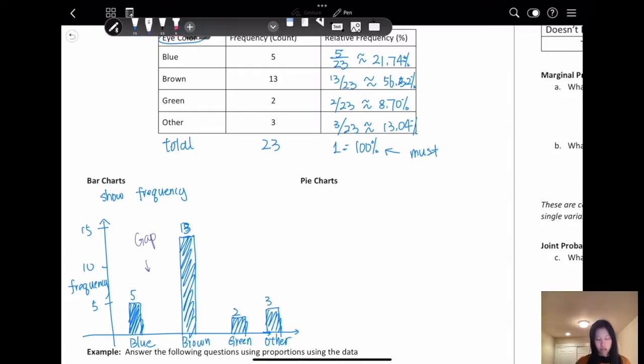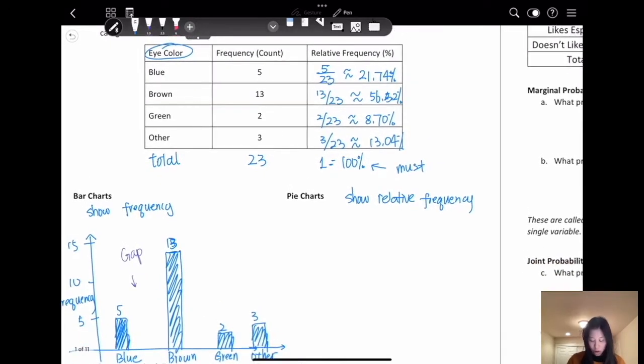Okay, now the pie chart shows the relative frequencies, which is the proportion. So now look here. Let's draw a circle first. If I start in here, blue eyes is 21%.